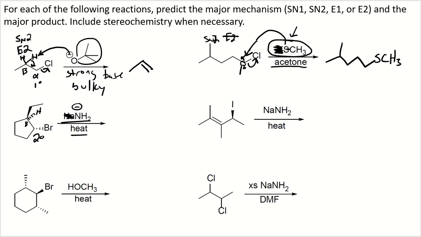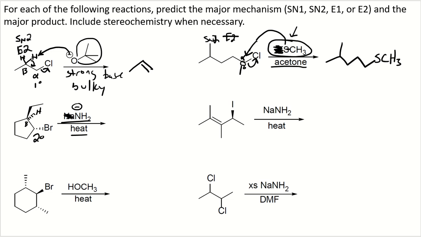position. However, the hydrogen and the bromine are both dashes. In order to do an E2 elimination, we need to have the hydrogen anti-periplanar or anti-coplanar, however you want to describe it, to the leaving group. So if the bromine in the ring is a dash, the hydrogen has to be a wedge.